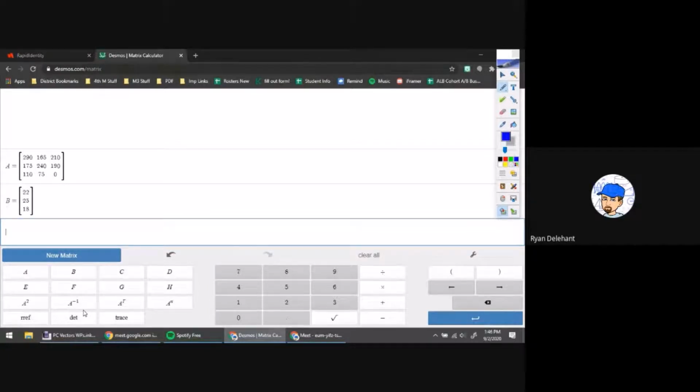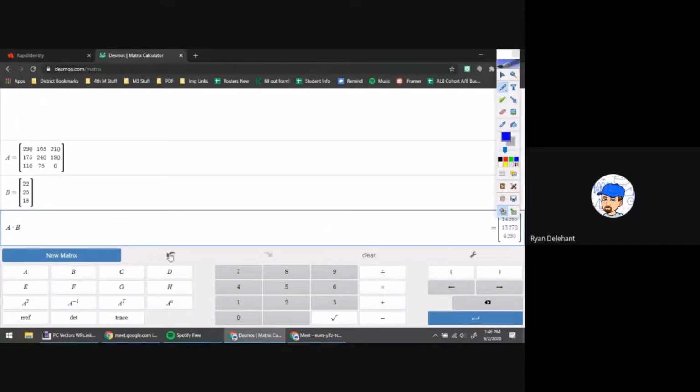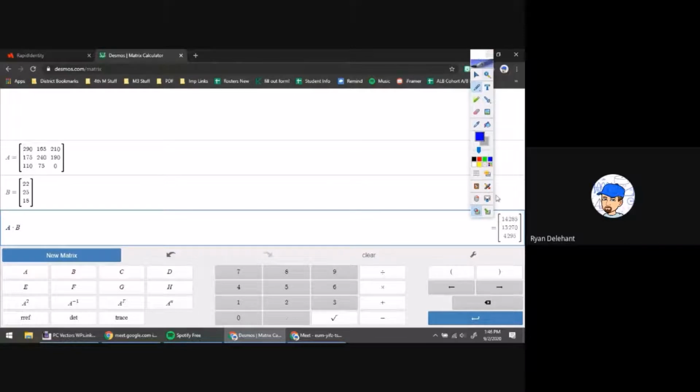I want to do A times B, right? So we can actually click these buttons. A times B. Notice what we see right here. It actually does all the dot product stuff for us, where it takes the row and the column and multiplies them all together and adds them. And it finds our answer.